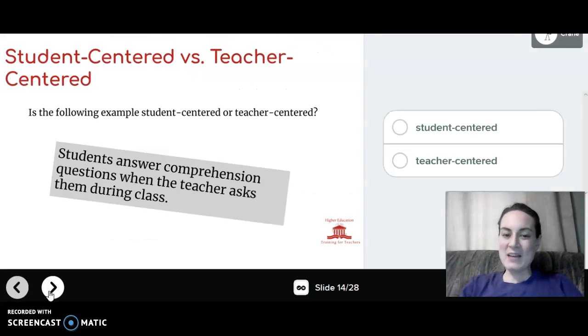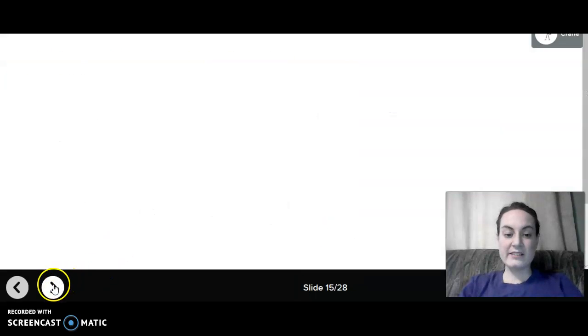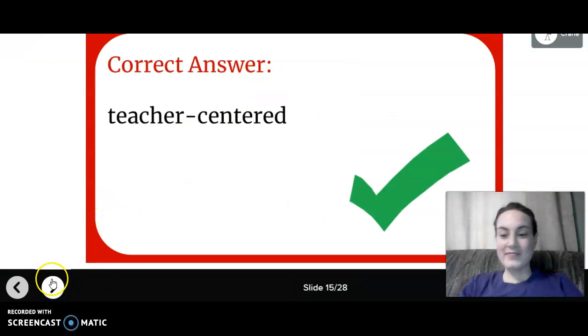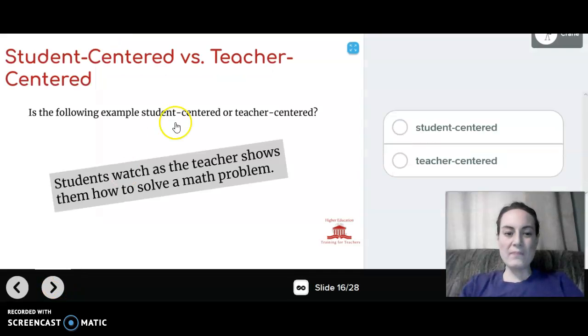Is the following example student-centered or teacher-centered? Students answer comprehension questions when the teacher asks them during class. It's kind of just focusing on comprehension, so that would probably be more teacher-centered. Good, awesome.